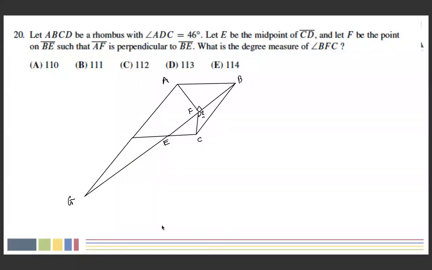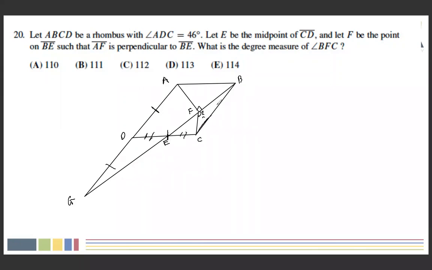What other equal lengths do we have now? First off, we have these two lengths are equal, but also because it's a rhombus, this is equal to this is equal to this. So I'm going to erase these actually. So AD is equal to DC is equal to DG, just because these two are equal, as we've already talked about.